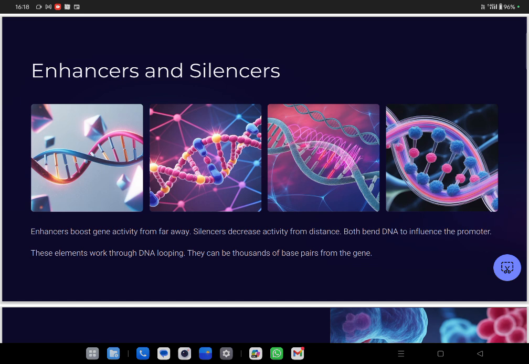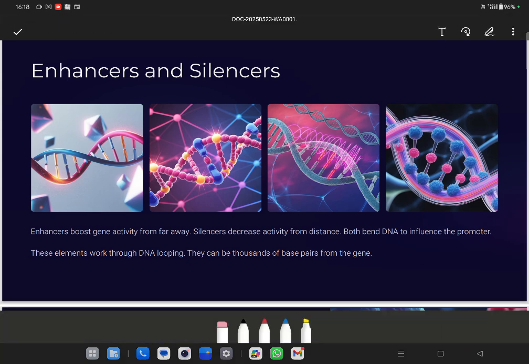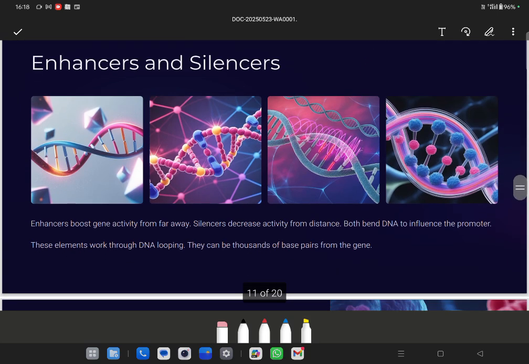Both bend the DNA to influence the promoter. These elements work through DNA looping. So they essentially form something like this: the enhancers bind here, here is the RNA polymerase, and transcription starts in this region.